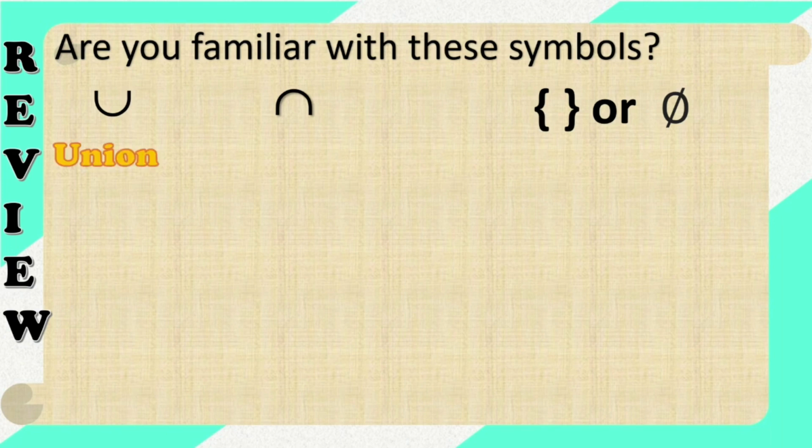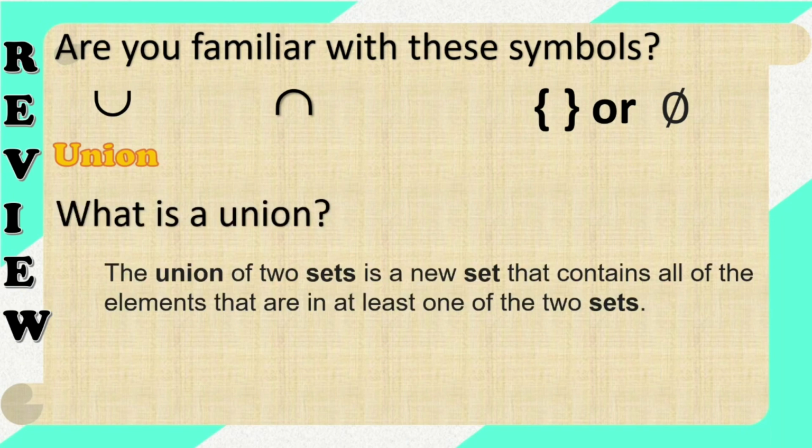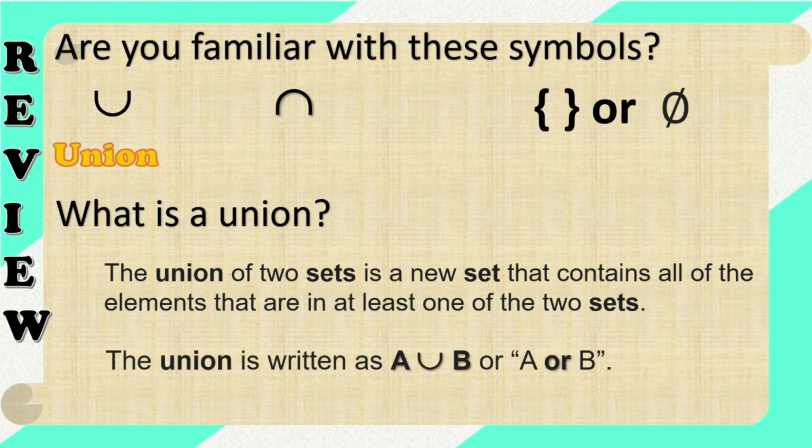Okay, that is a union. What is a union? The union of two sets is a new set that contains all of the elements that are in at least one of the two sets. The union is written as A ∪ B or A or B.